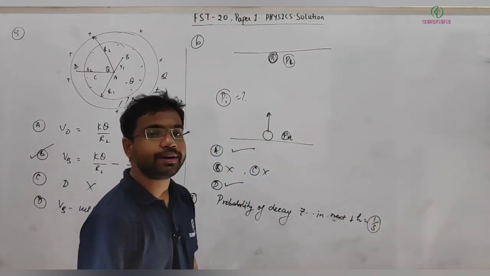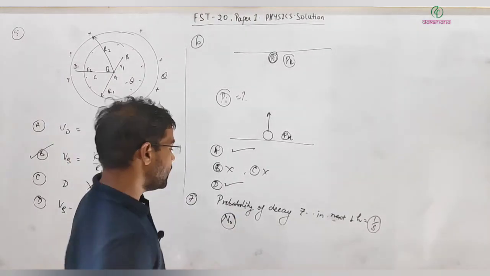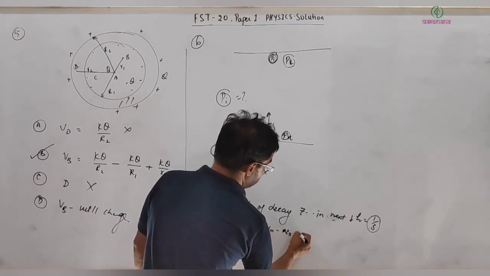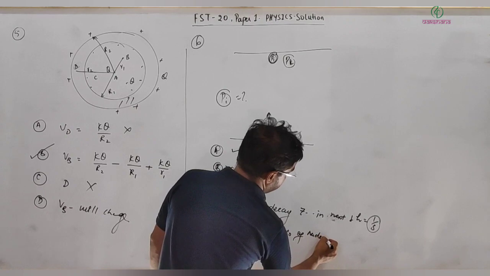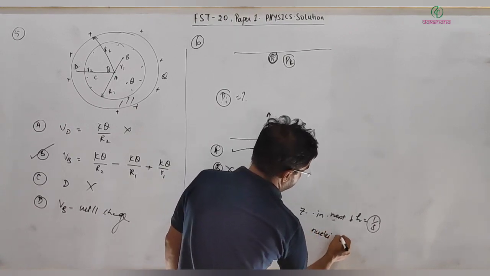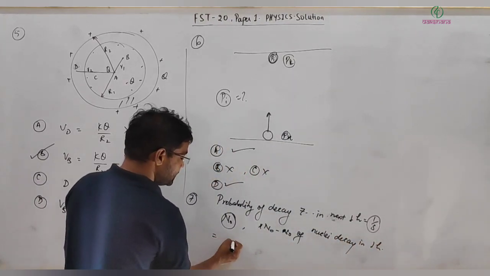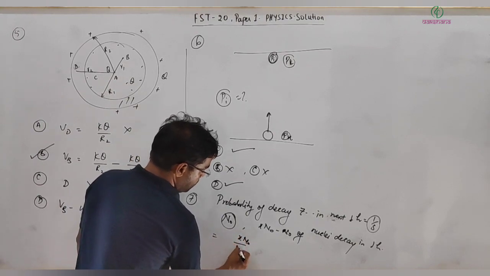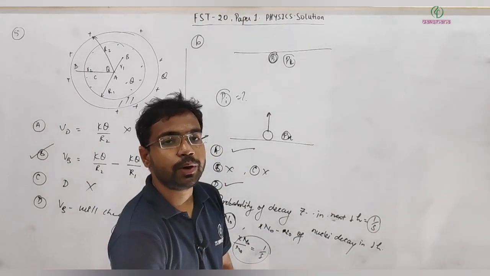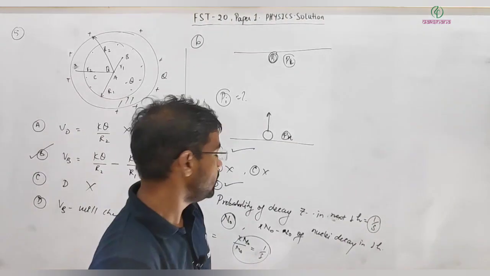This probability means, let's say N0 is the number of nuclei initially present, and X N0 is the number of nuclei decayed in that 1 hour, then its probability is X N0 divided by N0, and that is given as 1/3. So after 1 hour N0/3 will have decayed, and 2N0/3 will be left. That is the meaning of it.